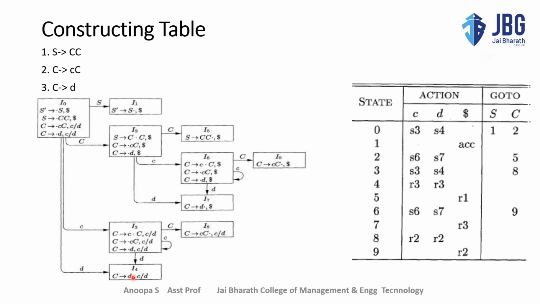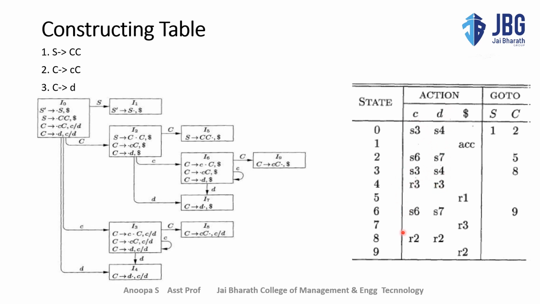In the case of state 4, the dot is at the end of D. In that case, you have to reduce by the production C giving D, which is reducing by 3. In the case of LR parsers, we found the follow of C and wrote the reduction under that. But in the case of CLR, we write C giving D only under the look ahead terminals. Here the two look ahead terminals are c or d, so we write R3 under c and under d.